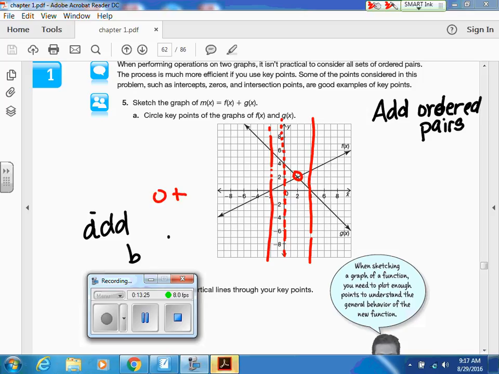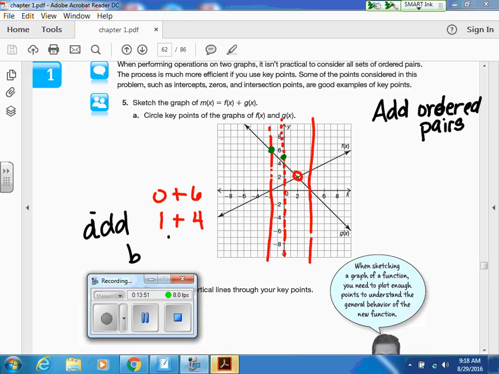But when I put negative 2 into this problem, I get 6. So if I were to add these two together, this line is going to be passing through right here. When I put 0 into f of x, I get 1. When I put 0 into g of x, I get 4. So this one's going to be passing through 5.